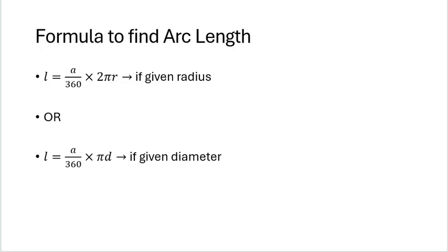Now, the formula that you will typically be using is this very first one right here. You will mainly be using this very first one. I've only given the second one just in case questions may give you the diameter instead, but you're not going to use it a lot. So the formula here is L equals A over 360 times 2 pi r.